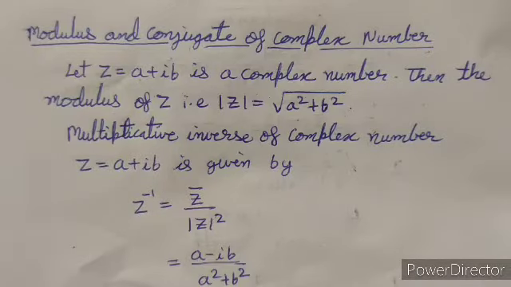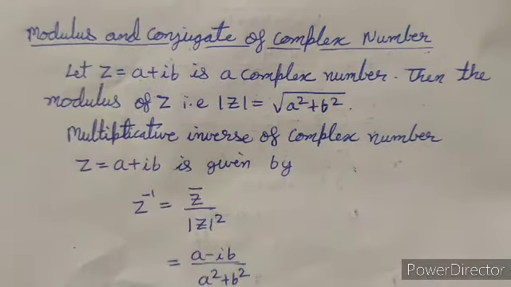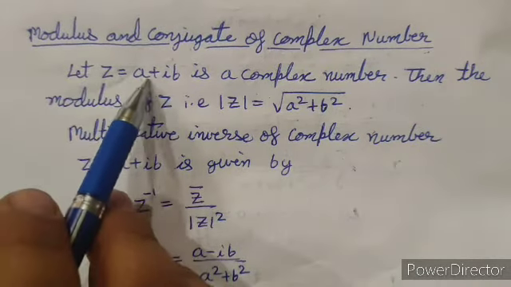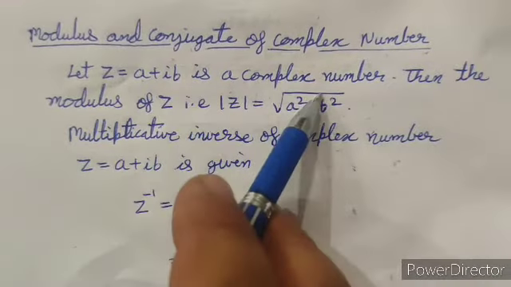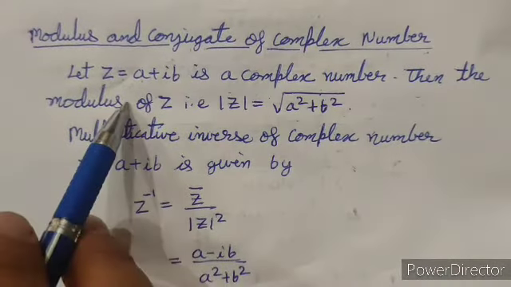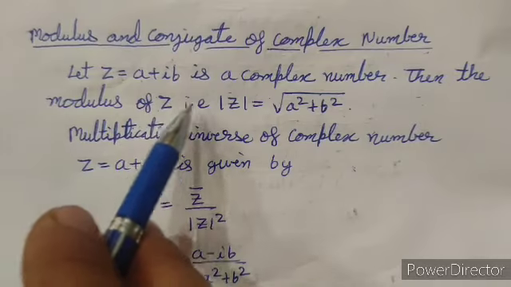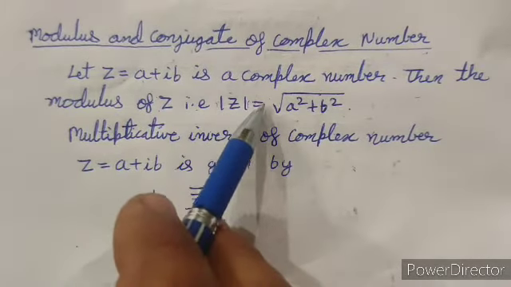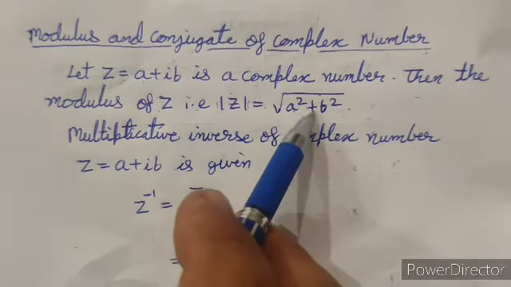From question number 11 onwards, we have to find out the multiplicative inverse of the complex number. Now, before that, in order to find the multiplicative inverse of a complex number, we must know the modulus and conjugate of a complex number. Now, let z equal to a plus ib be a complex number. Then the modulus of z, that is mod z, will be equal to under root a square plus b square.